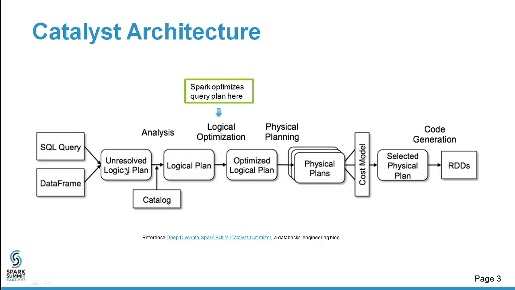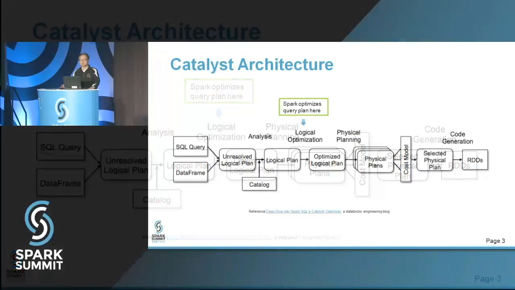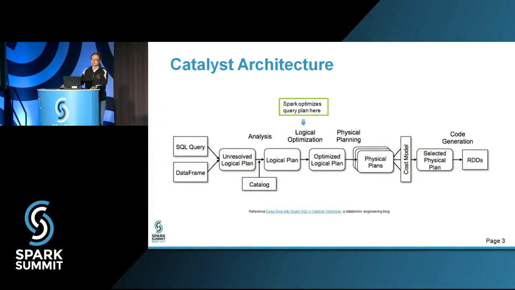At this point, it is an unresolved logical plan tree. Then the analyzer will kick in using the catalog information so that we know what variables are the table names and what variables are the column names.